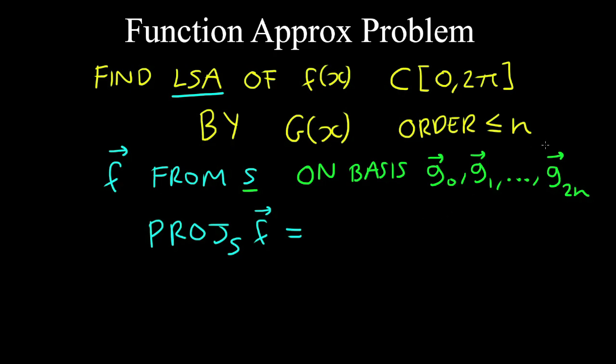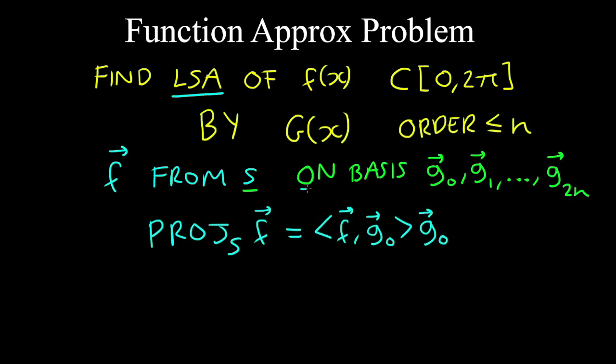So once we find this orthonormal basis, we can compute this orthogonal projection of f onto S using the inner product. So we basically take the inner product of f with each basis vector and multiply that by the basis vector, as we've seen.